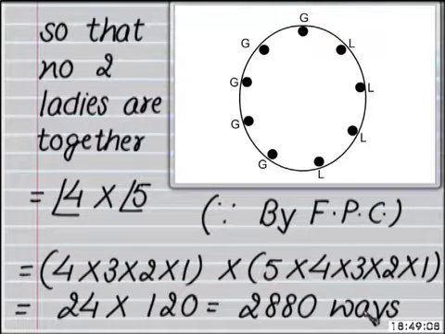So the total number of ways in which 5 gentlemen and 4 ladies can sit in a round table so that no 2 ladies are together is 2880 ways.